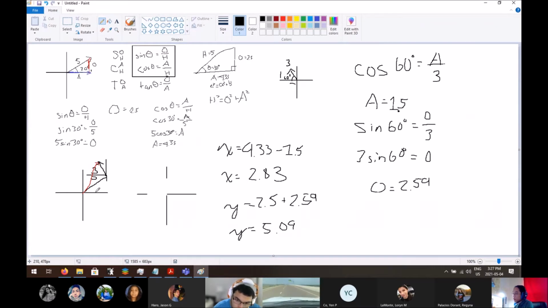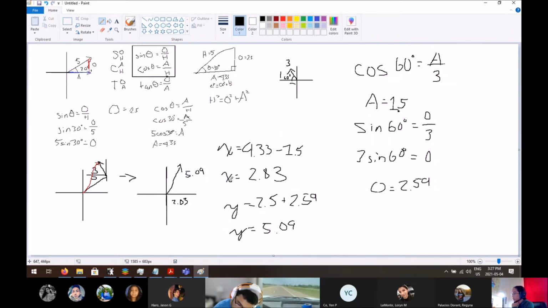That's about 3, that's about 5, and looks pretty fun, right? So you have this new vector. I just redrew it over here. You have this new vector, which is 2.83 and 5.09, the x and the y.